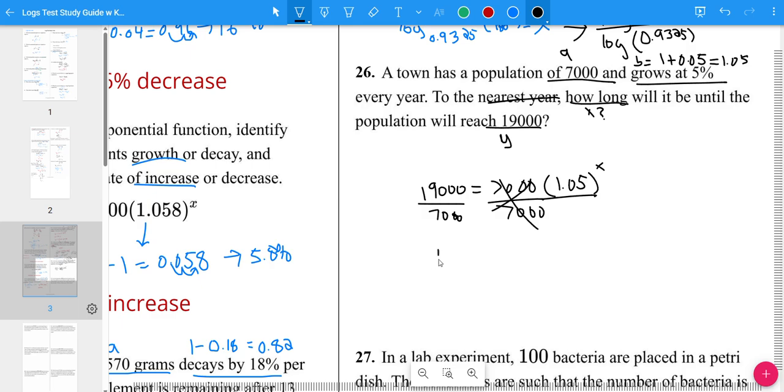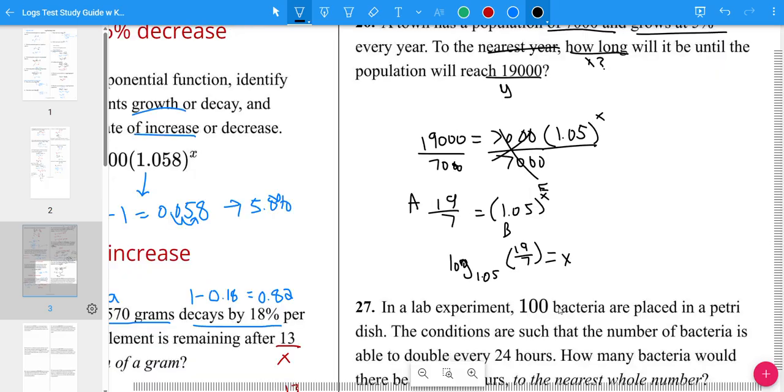And that just gives you 19 over 7 equals 1.05 to the x. Rewrite it with b, e, a. So log base 1.05 of 19 over 7 equals x.